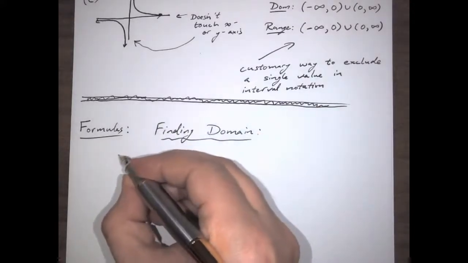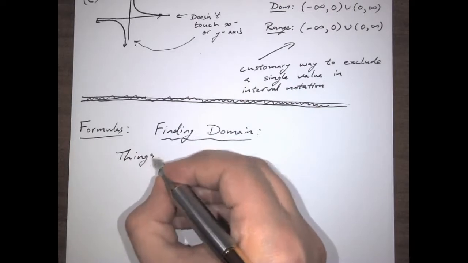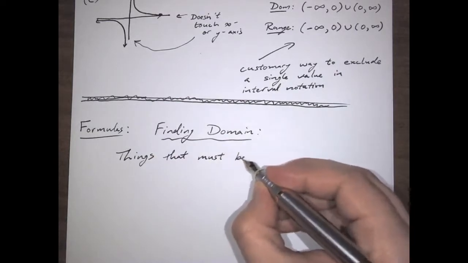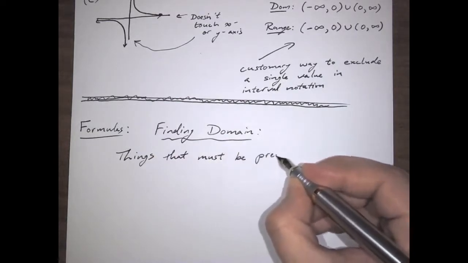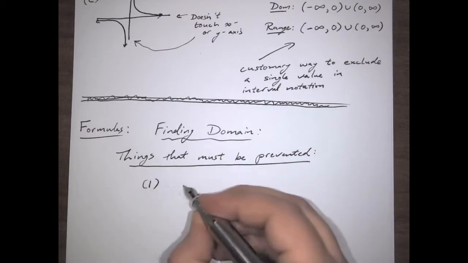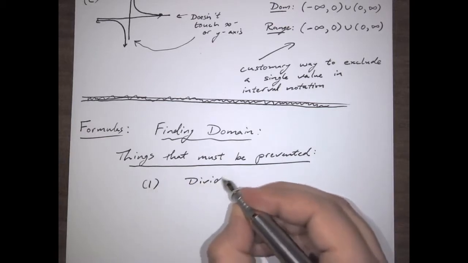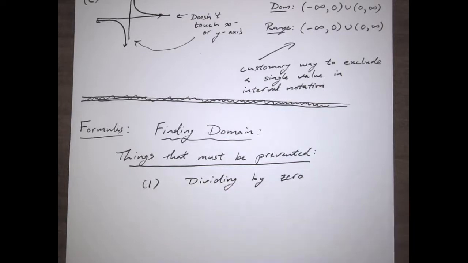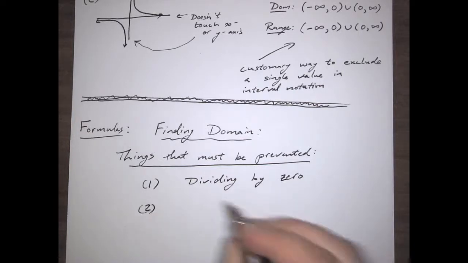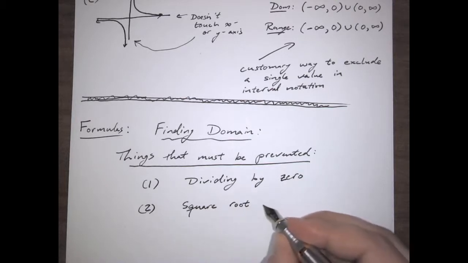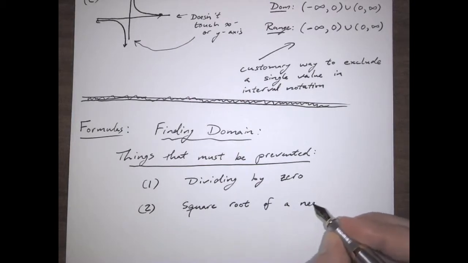So, things that must be prevented. One, dividing by 0. Two, square root of a negative.